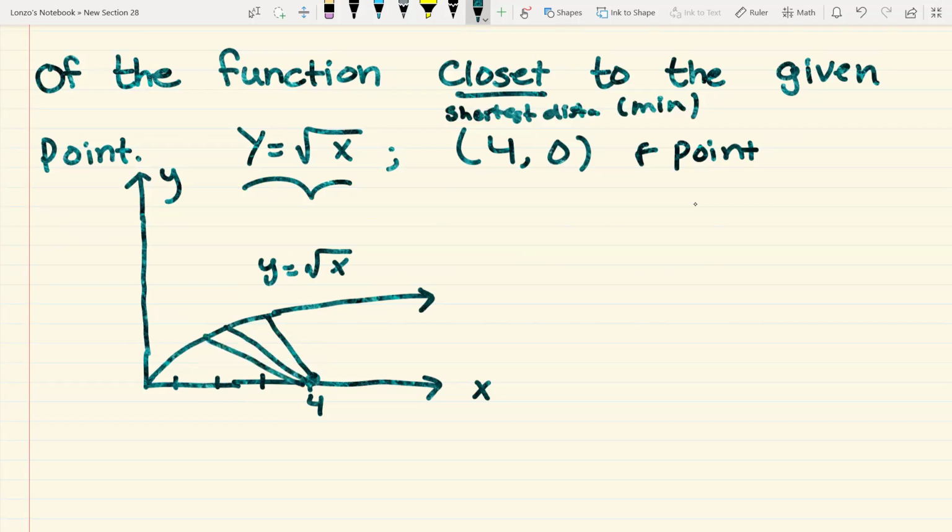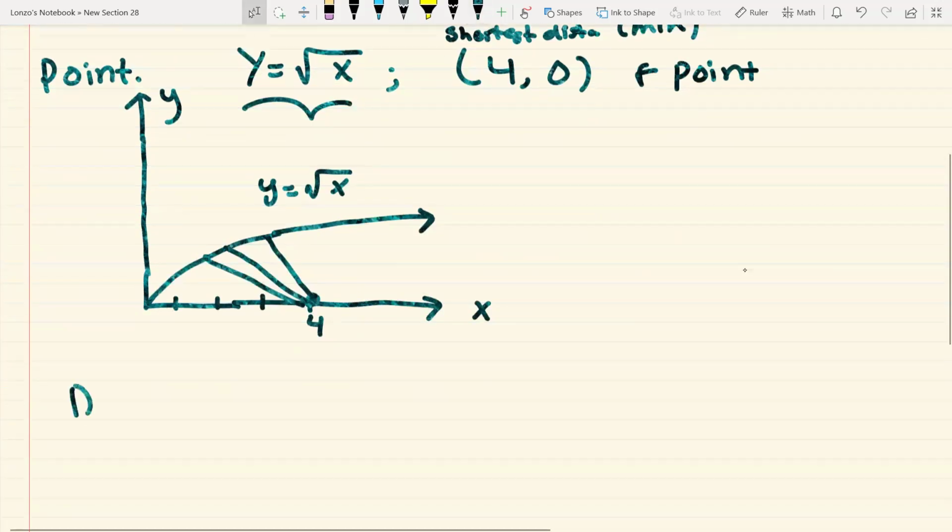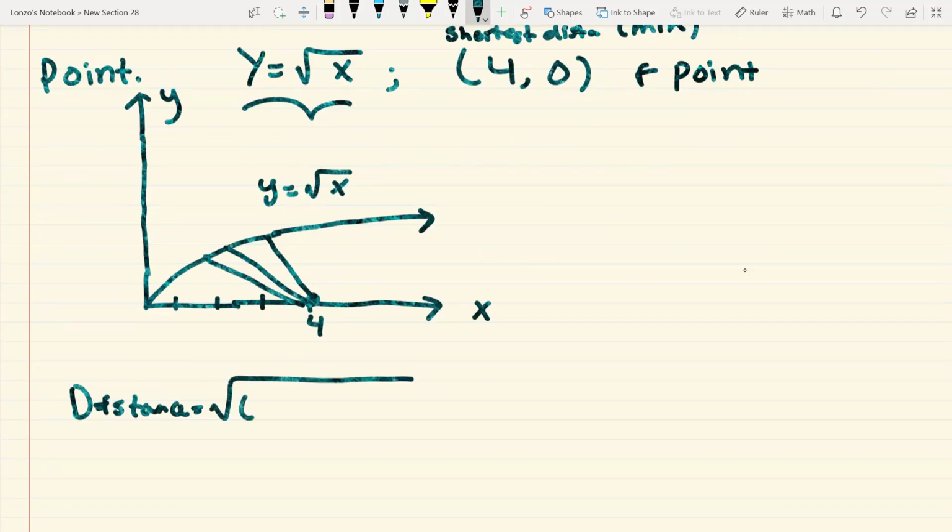So what do we know? How do you find the distance? To find the distance, you can use the equation distance equals square root of x2 minus x1 squared plus y2 minus y1 squared.